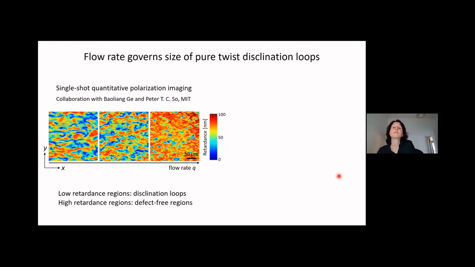And so to characterize this flow rate dependent size of these pure twist disclination loops, we collaborate with Bao-Liang Gu and Peter Su, who have recently developed a single shot quantitative polarization imaging method that allows us to access in a single image the entire retardance map of our liquid crystal, where again, this is now experimental data, and the low retardance regions correspond to the disclination loops.